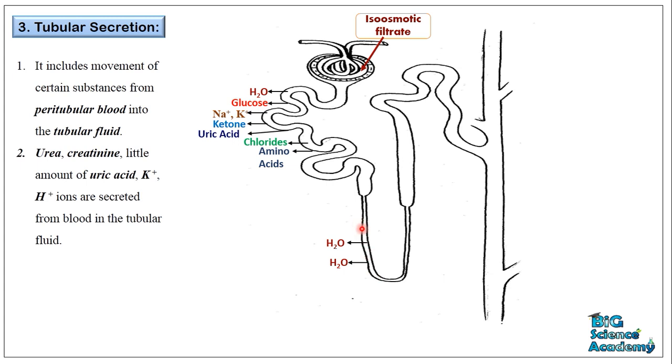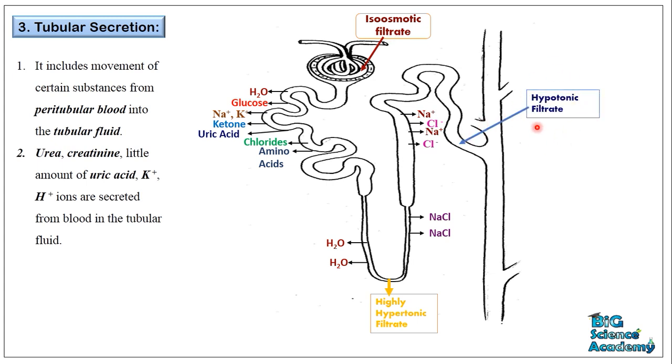From the descending loop of Henle, water molecules are reabsorbed, and then the filtrate becomes highly hypertonic. After the formation of the highly hypertonic filtrate, certain amounts of NaCl are reabsorbed from the ascending loop of Henle. And now the filtrate becomes hypotonic. And then water molecules are reabsorbed from the collecting tubules, and urea is reabsorbed, and ultimately a hyperconcentrated urine is formed.